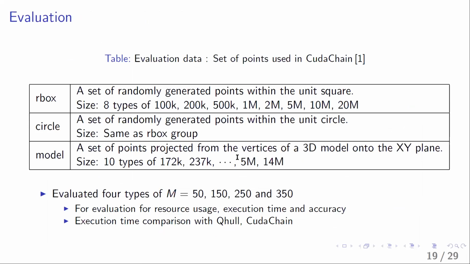The evaluation used the 26 types of point sets used in the first related work of GPU implementation. The number M of inner minimax circuits was changed from 50 to 350.